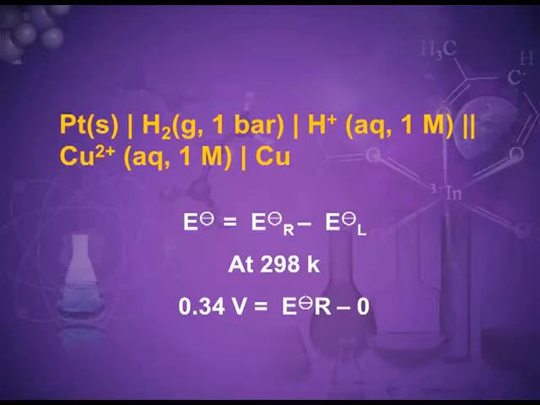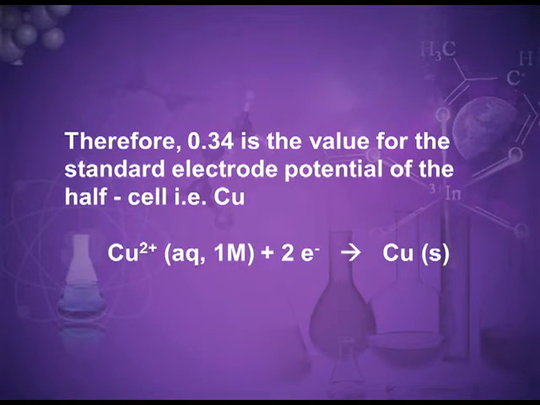Now simply using the formula E right minus E left, we write 0 for the hydrogen electrode. So E right, that is the potential of the right hand side electrode, which is a copper electrode, comes out to be 0.34 volts. This is the electrode potential of the copper half cell.